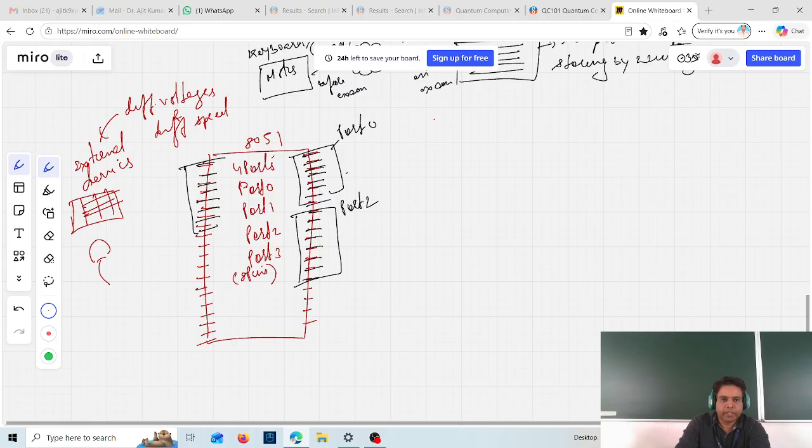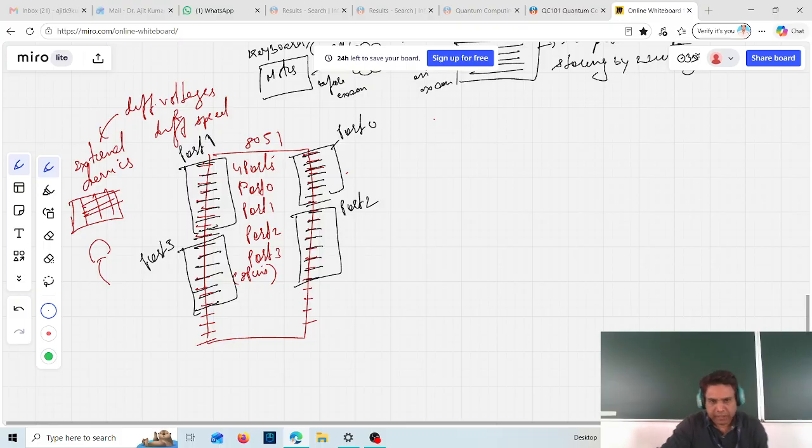These 8 pins are called port 2. Similarly, on this side, 1 to 8, these 8 pins are called port 3. Similarly, we have another 8 pins, port 1. So in total there are port 0, port 2, then port 1 and port 3.